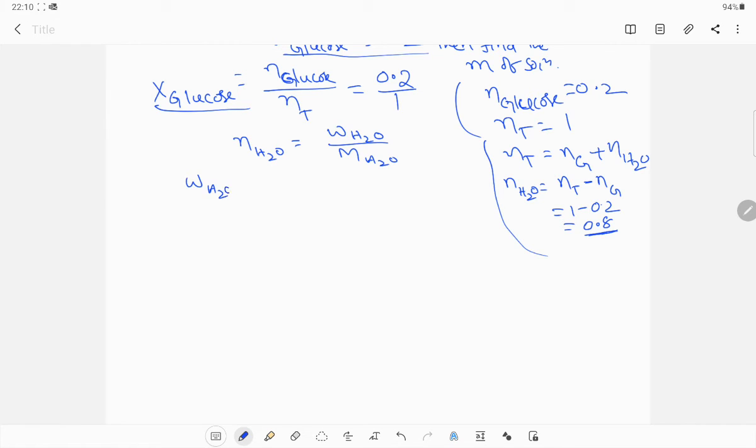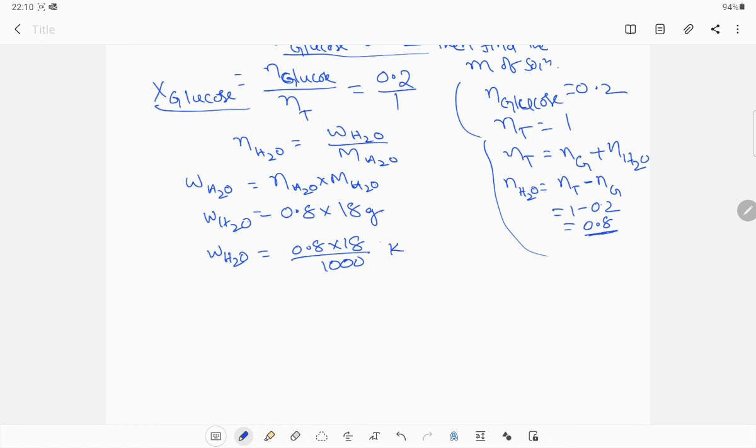Then weight of water is equal to number of moles of water into molecular weight of water. Number of moles of water is 0.8, into 18. Here weight of water is in grams. If you want to convert into kg, 0.8 into 18 grams divided by 1000, then it is called kg.